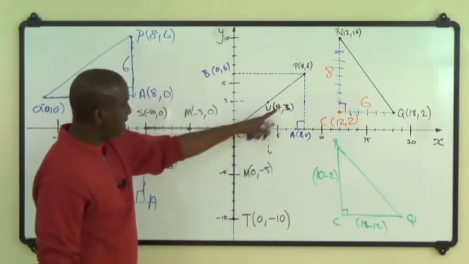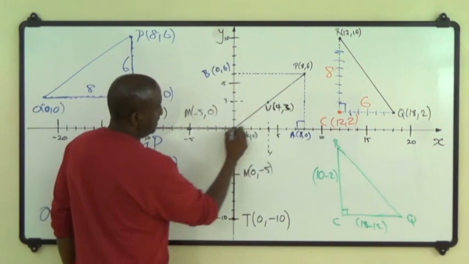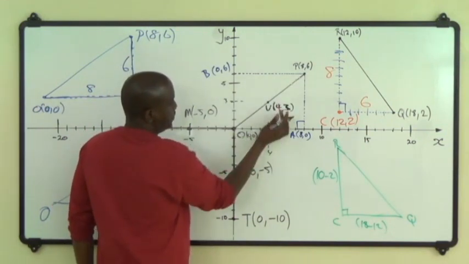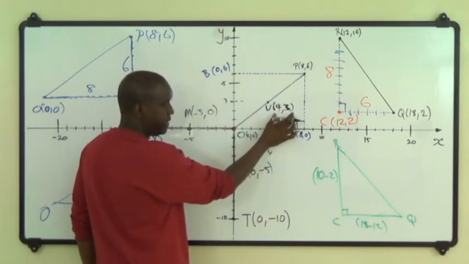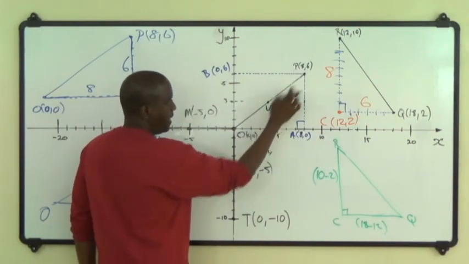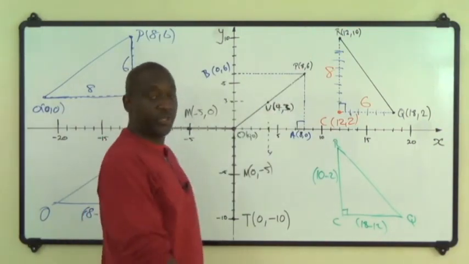Now you see it making sense, because this is 0, 0, this is 8, 6. So you expect the midpoint to be half of 8, which is 4, and half of 6, which is 3.